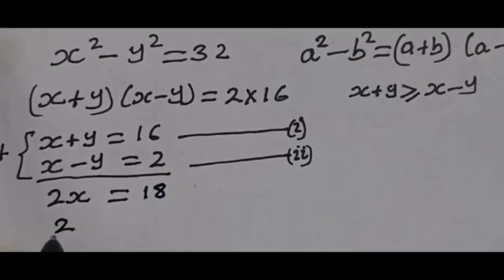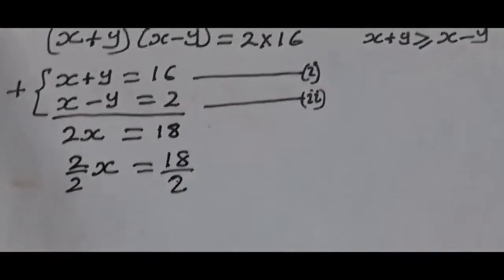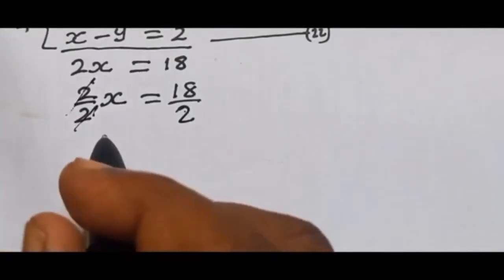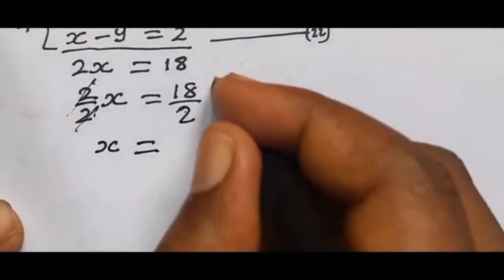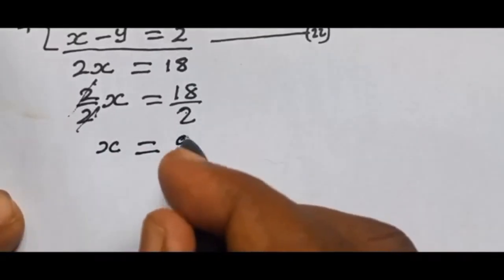Divided by 2 both sides. 2 divided by 2, 18 divided by 2. These 2 cancel with this one. We remain with x equals 18 divided by 2. We get 9.